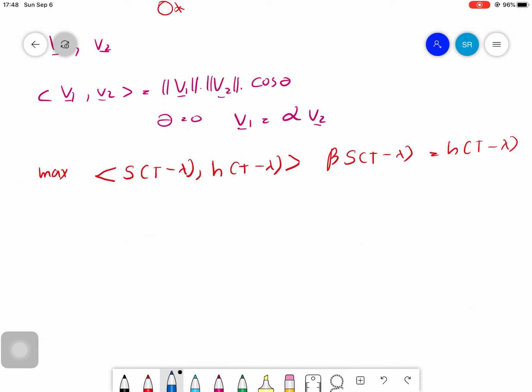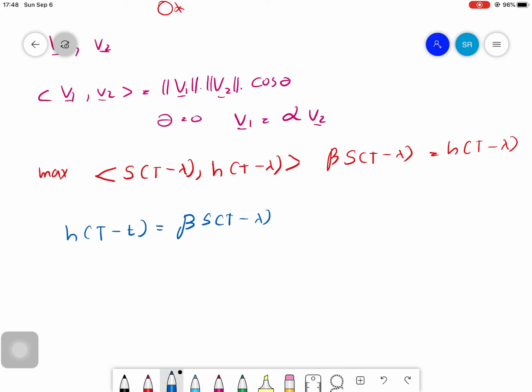Or in another sense, my impulse response h(T minus t) is equal to beta times S(t minus lambda).